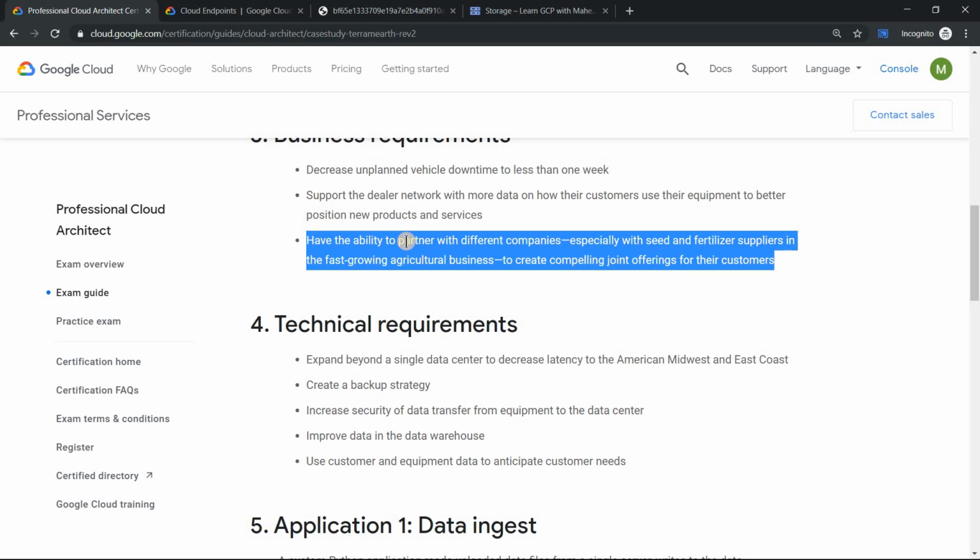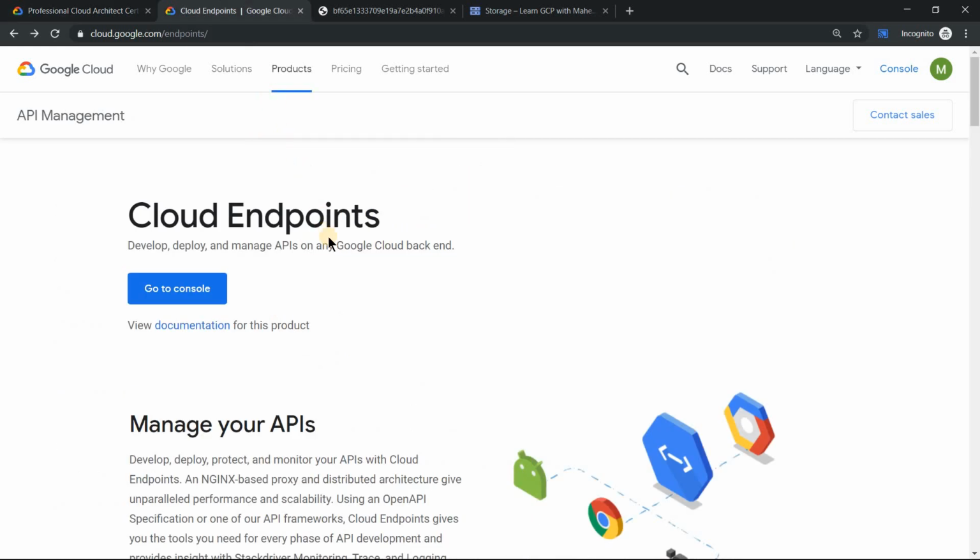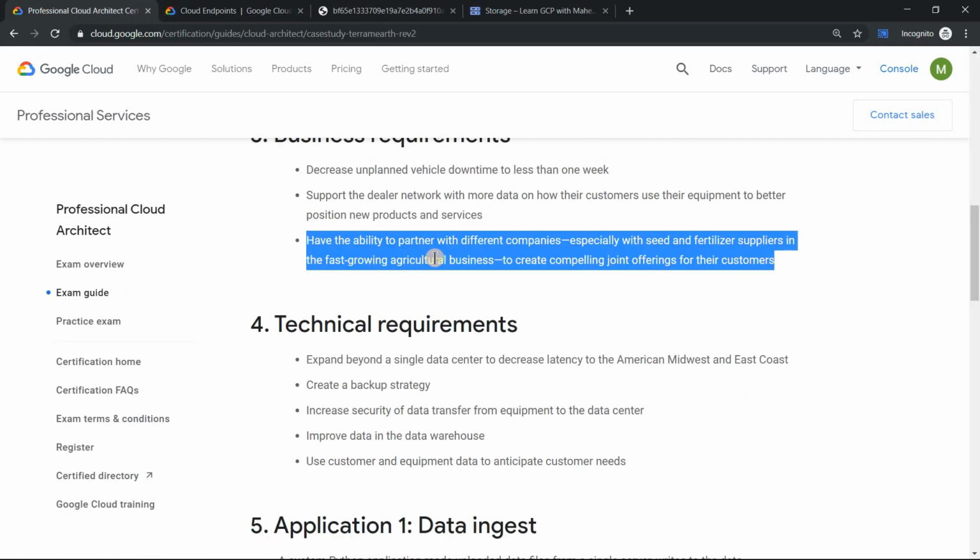In this case, for exposing APIs, there's a chance that you may get questions on Cloud Endpoints. That is one choice. And the partners don't need to build a new authentication system. They may just use your own authentication system.